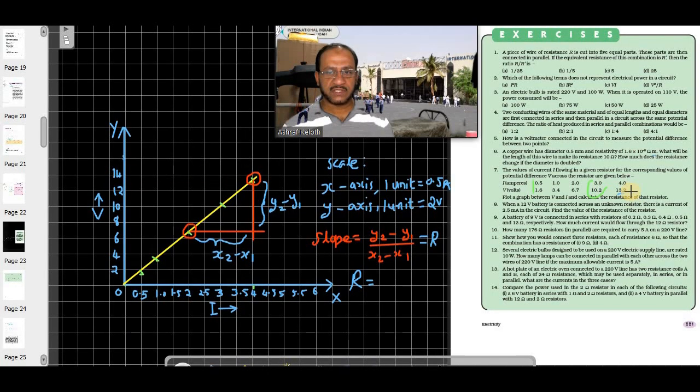The accurate value is 13.2. y2 is 13.2 from the table, minus y1, which corresponding to 2 ampere in the table is 6.7, divided by x2 minus x1. x2 is the x coordinate of the second point, that is 4 ampere, minus x1, which for this one is 2 ampere.